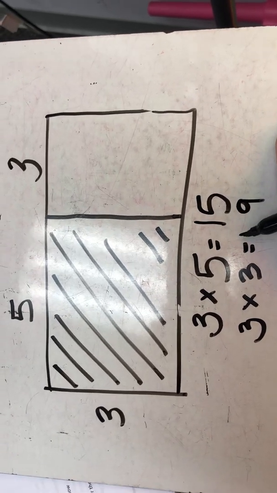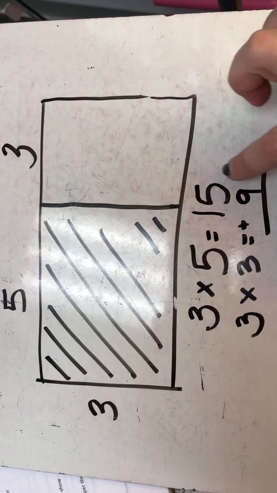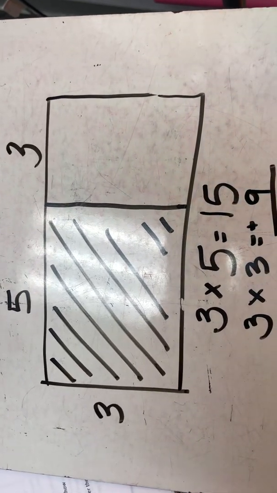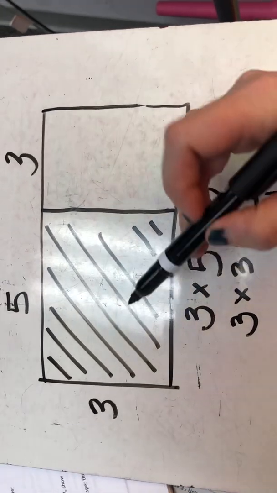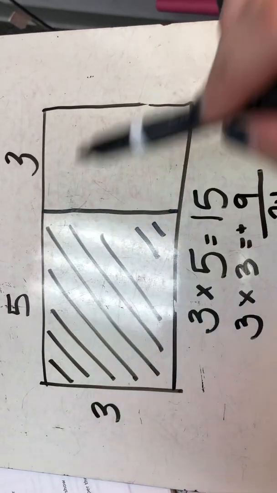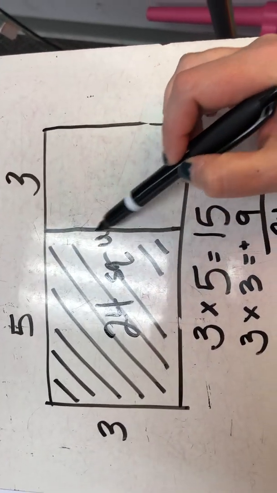Very good. We're going to put those areas together. The way I like to think of it is, well, I know 15 plus 10 is 25. So I just take 1 away and I get 24. Then the area of the entire big rectangle is going to be 24 square units.